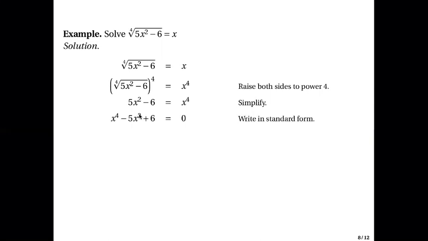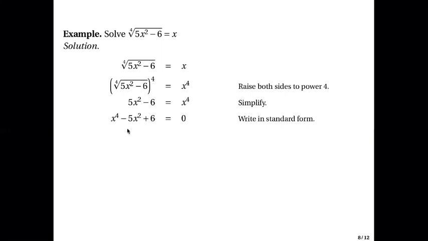Okay, so let's continue. So in here, we raise to the power 4. And this radical here will cancel the power here. So we will have 5x squared minus 6 on the left-hand side. And then on the right-hand side, we just have x to the 4. So if we write this in standard form, we have x to the 4 minus 5x squared plus 6.